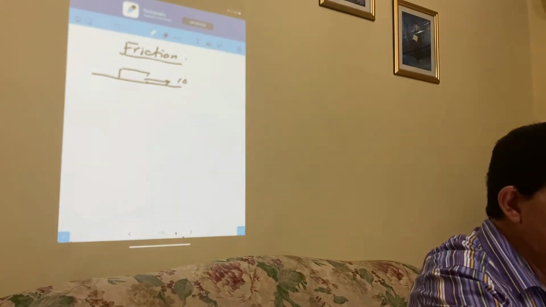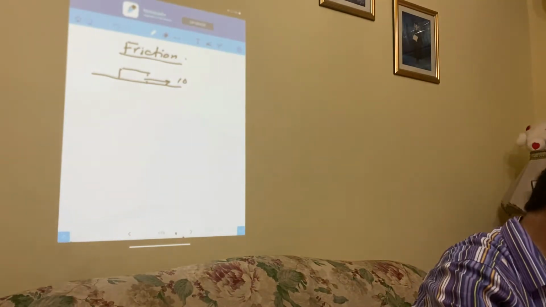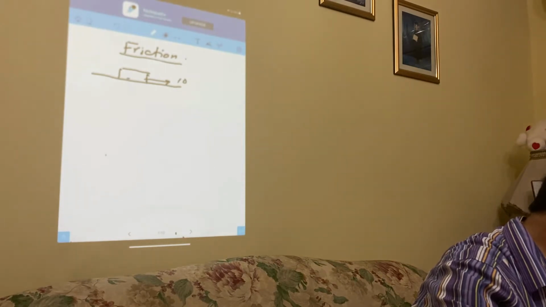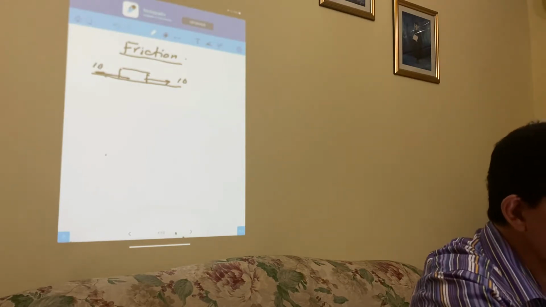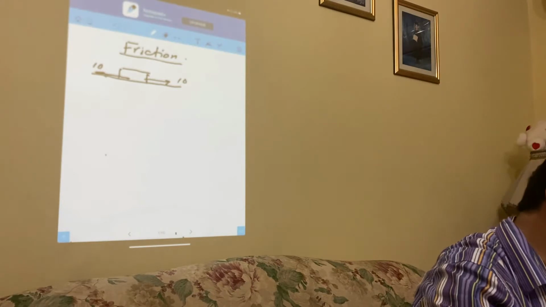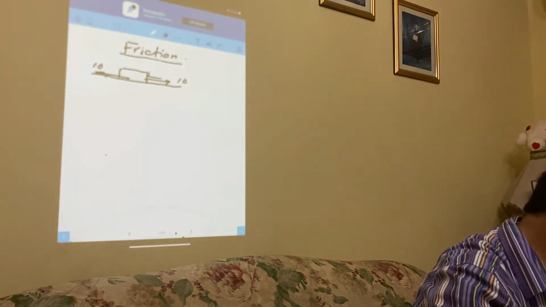What is the reason? The reason is there is friction. But there is a friction force of 10 Newton. I pulled it by a force of 20.